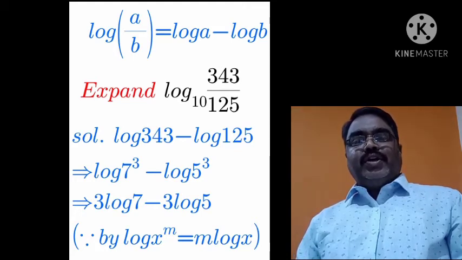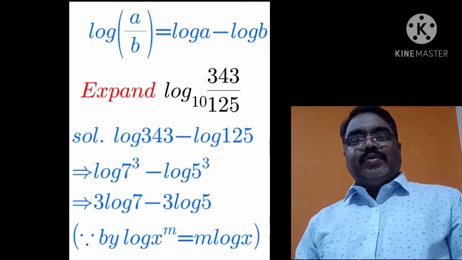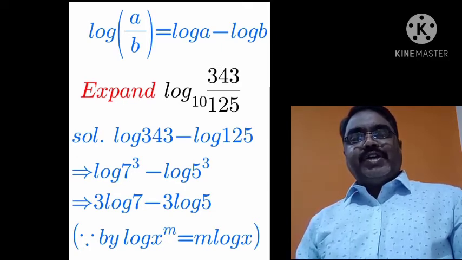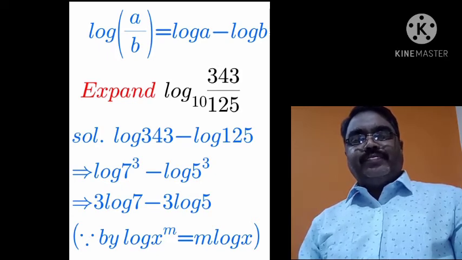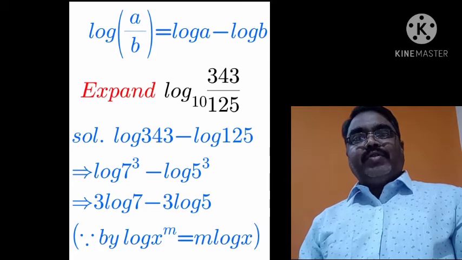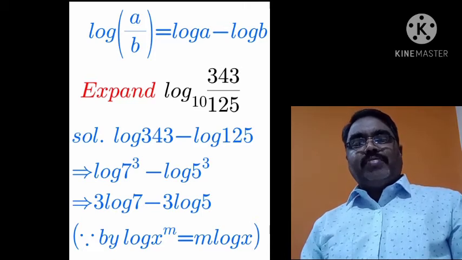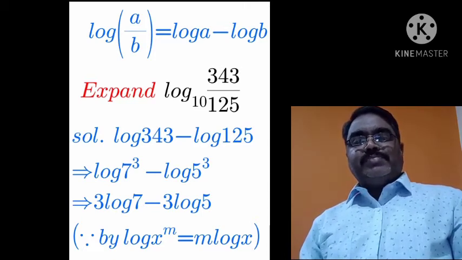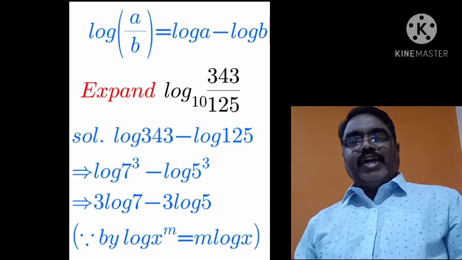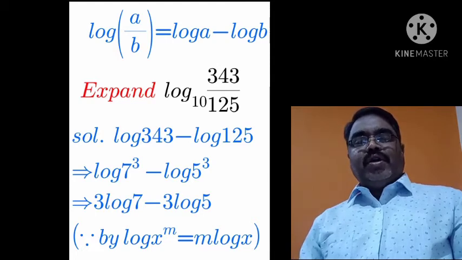Observe that the given question is in the form of log a by b, where a is equal to 343, b is equal to 125. By making use of the logarithm of quotient law, that is log a by b is equal to log a minus log b, this can be expanded as follows: log 343 minus log 125.